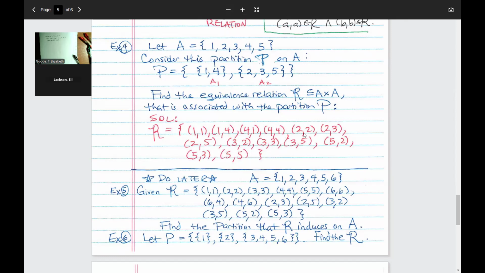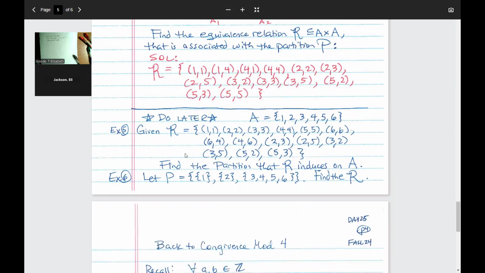We've got 1,1; 2,2; 3,3; 4,4; and 5,5. So we've got all of the reflexive pairs. It's symmetric. 1,4 is in there, but so is 4,1. 2,3 is in there, so is 3,2. 2,5 is in there, but so is 5,2, right? And 3,5 and 5,3. And it is transitive. That's the hardest thing to check, but it is transitive.